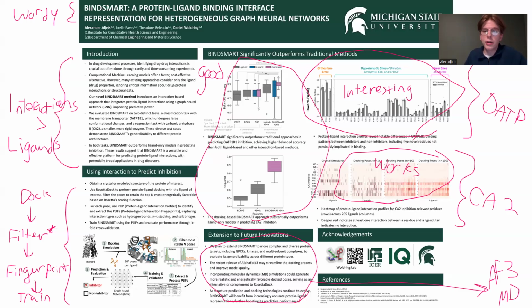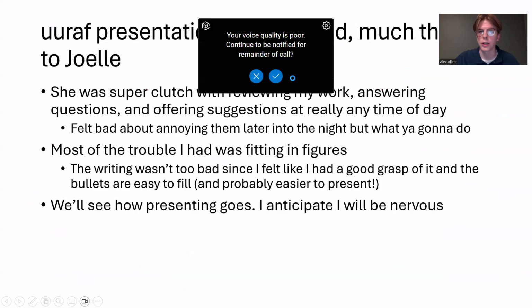And it's basically future-proof with AlphaFold 3, molecular dynamics, and any other innovations that come up, because it's really more of a roadmap than a software. So we can keep using BindSmart as long as we keep updating the GitHub. And then I stole the QR code from one of Joelle's posters because I thought it was cool. It goes to wooldring.org.